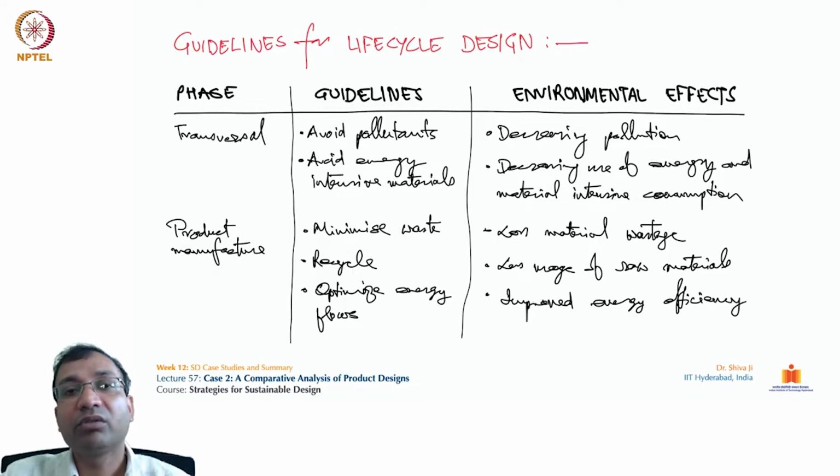And before we go for those examples, it is important for us to understand what kind of strategies, what kind of approaches we are going to take, to address maybe one problem at a time. For example, design for disassembly, design for extended use or lifetime, etc. So some environmental effects caused by these are listed over here.